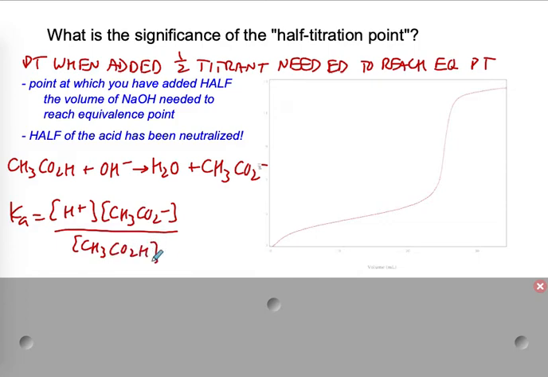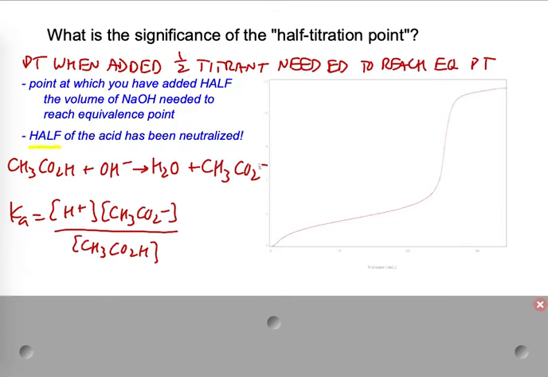Well, if at the half titration point, half of the acid has been neutralized, what that means is that at that point, the remaining concentration of unionized acetic acid is equal to the concentration of acetate anion we have produced.